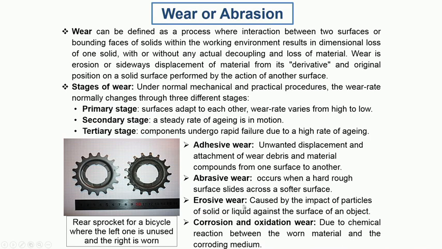This can lead to very localized damage and can be extremely harmful. We may also encounter a situation where a corrosive environment, or oxidation, or high temperature in air together can accelerate the damage already occurring due to wear. So wear occurring in a corrosive or oxidative environment can be more accelerated and can cause greater damage.